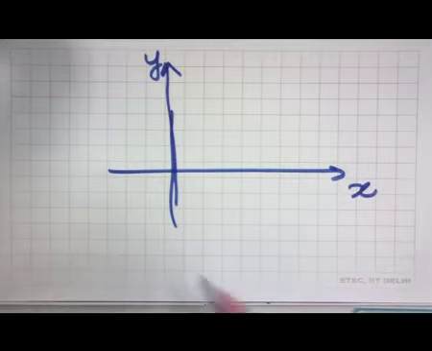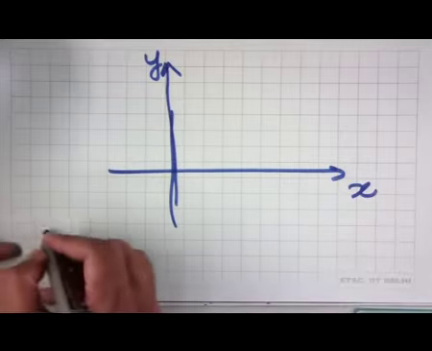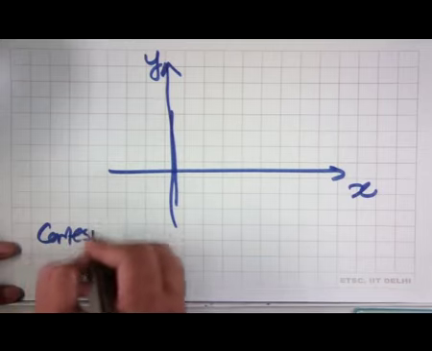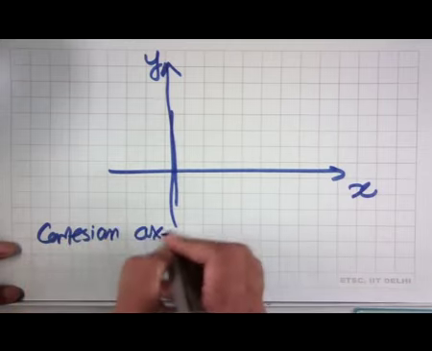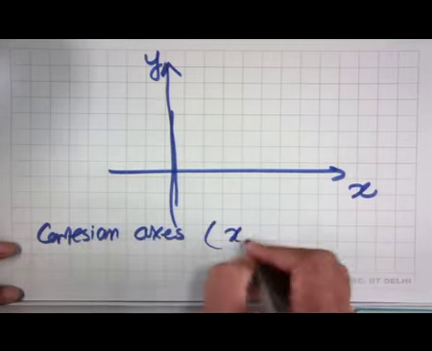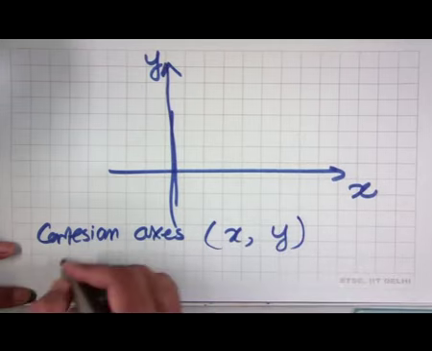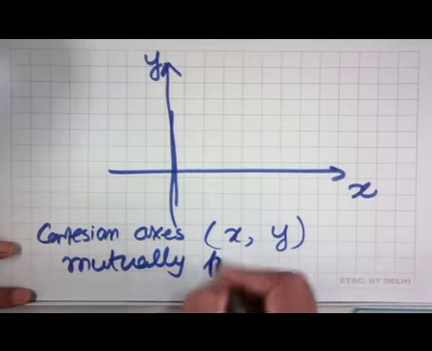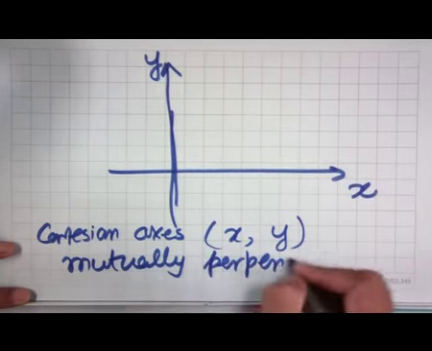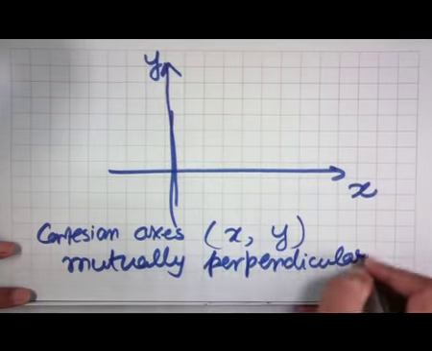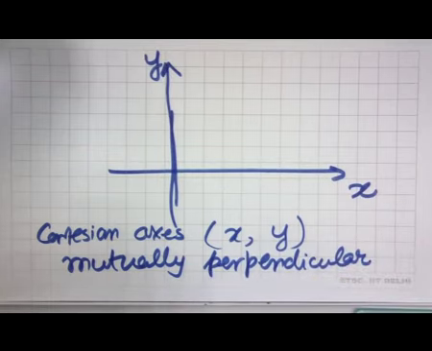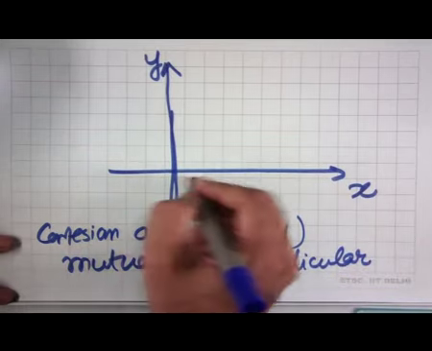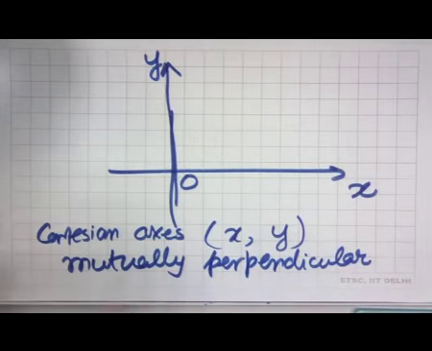So, we call them the two Cartesian axes, x and y, and these axes are mutually perpendicular. That means, they are at an angle of 90 degrees to each other. Now, the intersection of these is called the origin, represented by O.